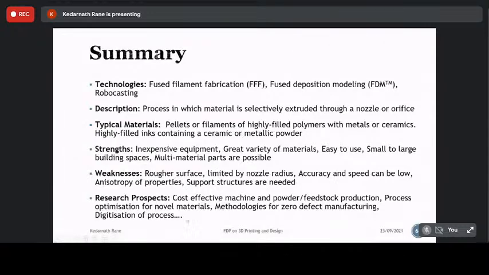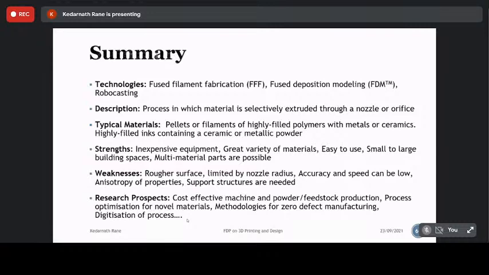I would like to highlight that the first commercial system for this process became available in late 2017, and I used a Desktop Metal printer in 2018. So there are a lot of things to happen in this domain. Currently, cost-effective machine building is possible.